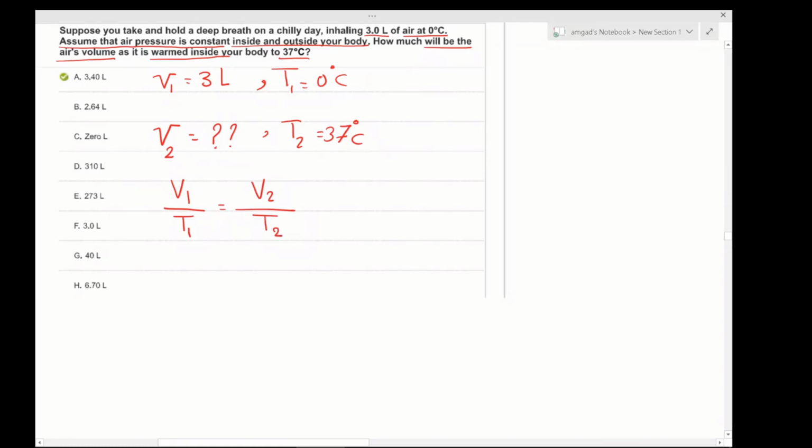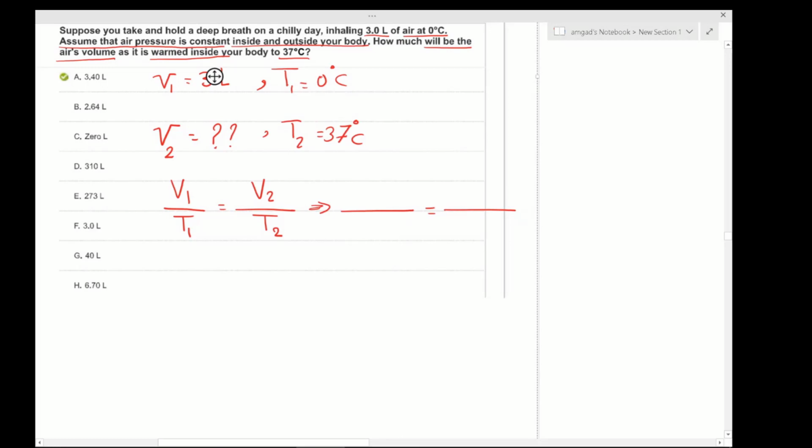The most important here, do not forget what? To convert to Kelvin. Yeah, that's the most important because most of us forget. V1 is 3 liters. I don't need to write the liter. V2 is unknown. Temperature 1 was 0, so 0 plus 273.